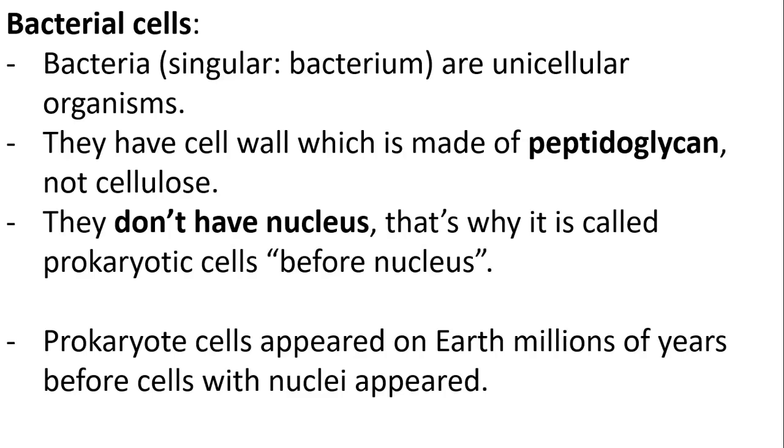Prokaryotic means before nucleus, as they were primitive organisms, and they still are primitive organisms, but according to evolution, they were there before other creatures that have nuclei in their cells. Prokaryotes appeared on Earth millions of years ago, which means that, again, their sequence in evolution comes before creatures that have nuclei.